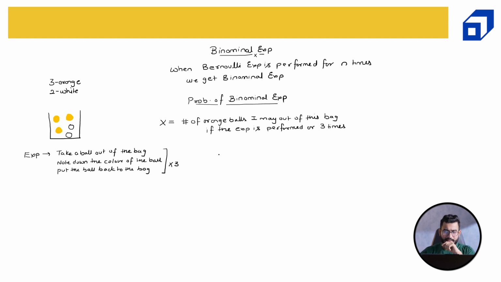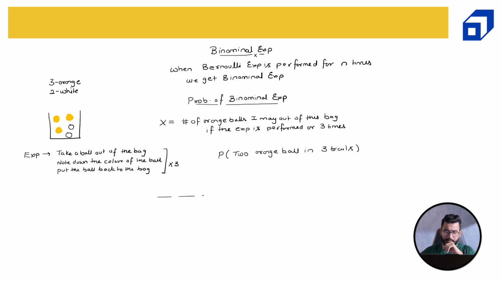Now let's say I'm interested in finding out the probability that I will get exactly 2 orange balls when I am performing this experiment 3 times, so 2 orange balls in 3 trials. Now what are the possible combinations in which you can get 2 orange balls? Let's note it down.